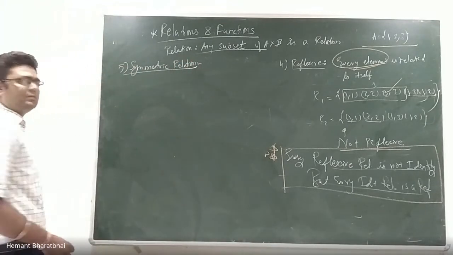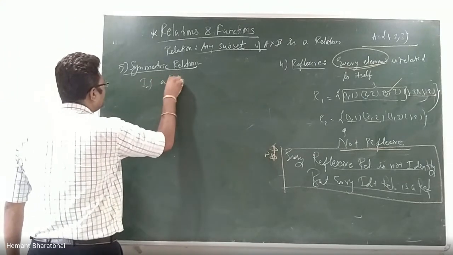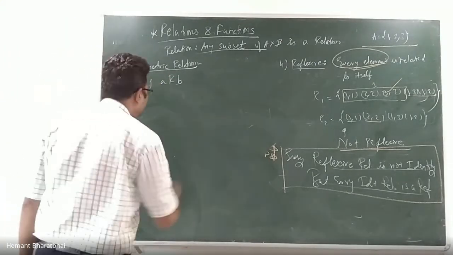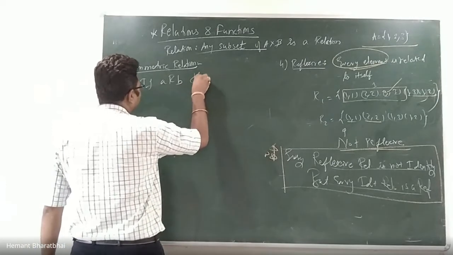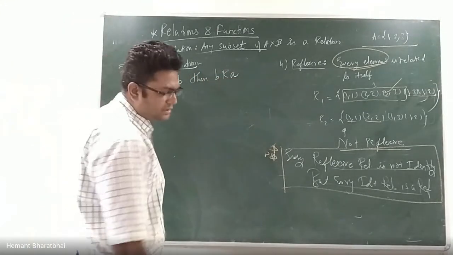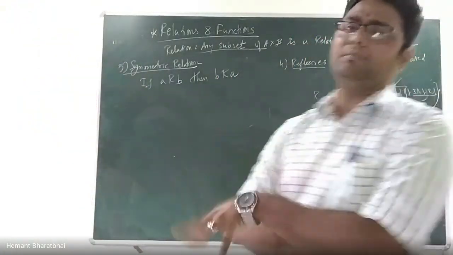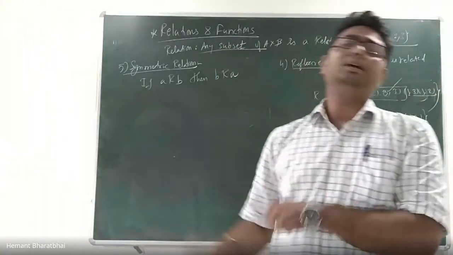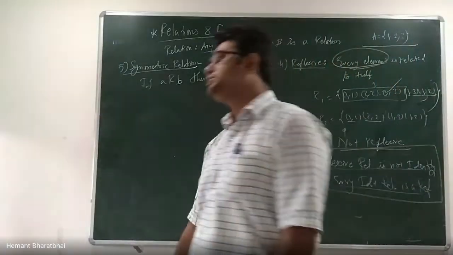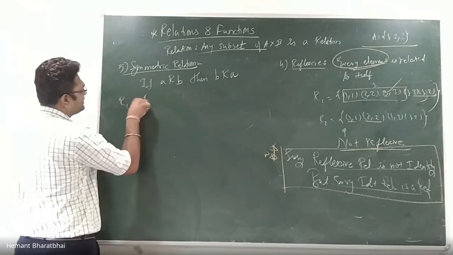What it says is that if A is related to B, then B also should be related to A. Which means if the element (A, B) is there, then the element (B, A) should also be there. Say for example, if I write something like this.